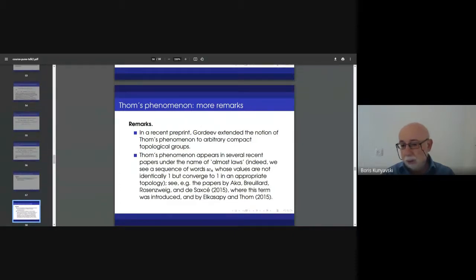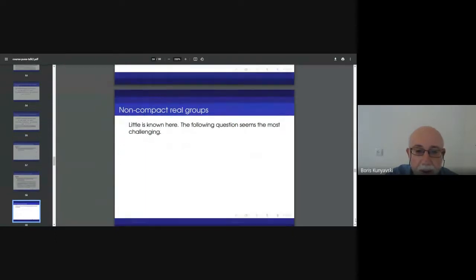And there are, I know, at least two papers where this was investigated: Becker, Emmanuel Breuillard, Leo Rosenzweig, and de Saxcé. They introduced such phenomenon, and also El-Kassabi and Thom, in another paper, looked at this phenomenon. So this is an interesting situation.